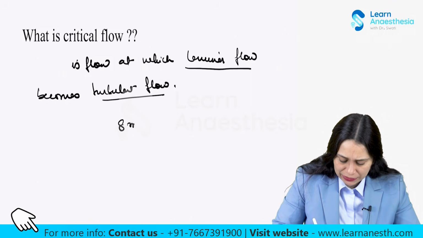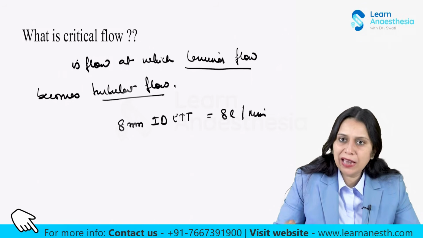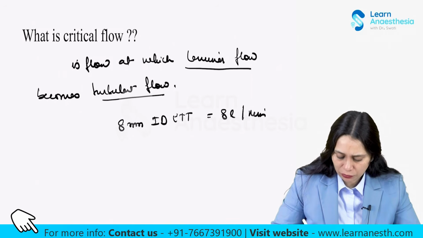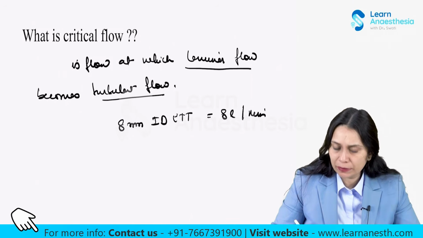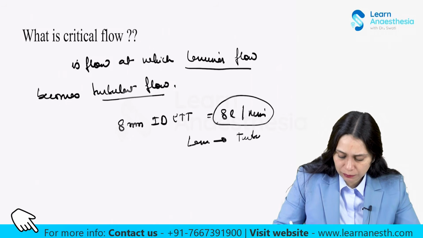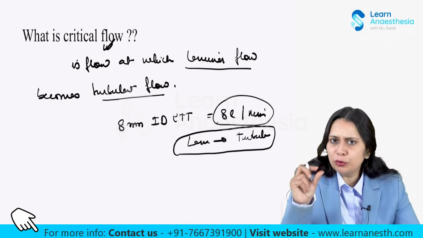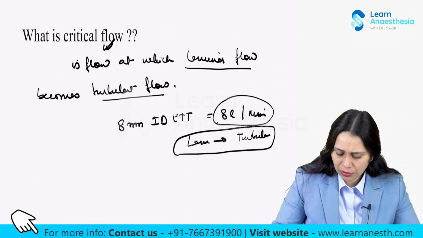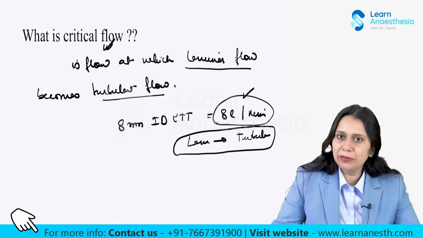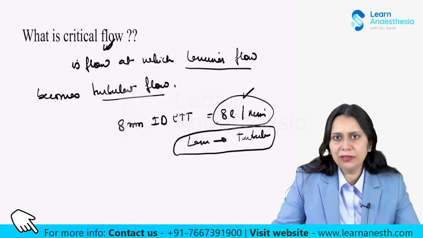So if I am using an 8 mm internal diameter ET tube at 8 liters per minute of flow, the laminar flow will become turbulent. We have to remember this is what critical flow is. So whatever equipment you are using, you should keep the flow less than the diameter of that equipment to maintain laminar flow. Laminar flow will produce less resistance.